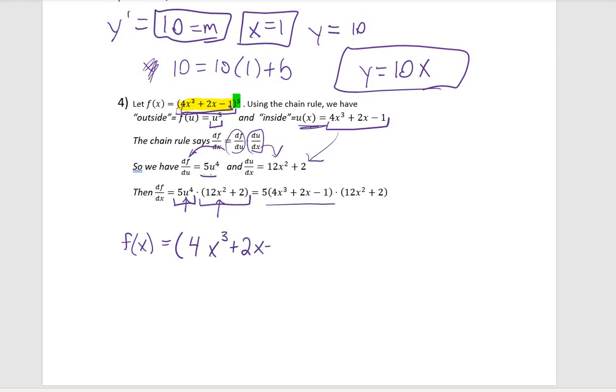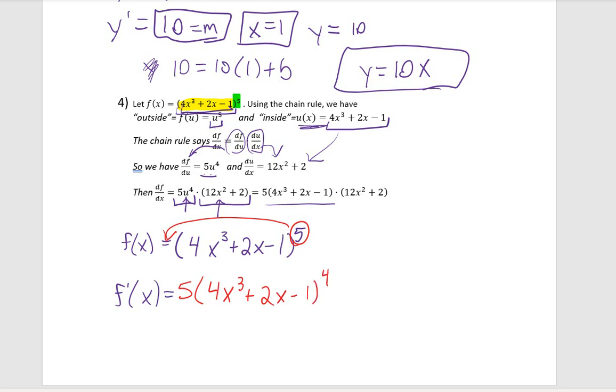I'm going to take the derivative of the outside, so something to the 5th power would be 5 times, now leave the inside alone, times the derivative of the inside.